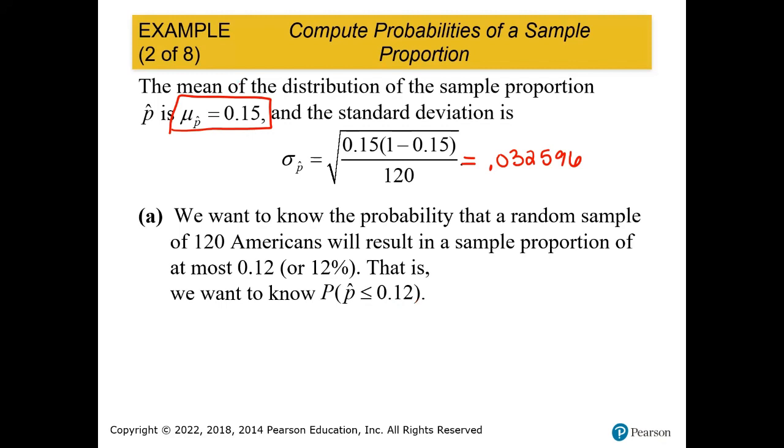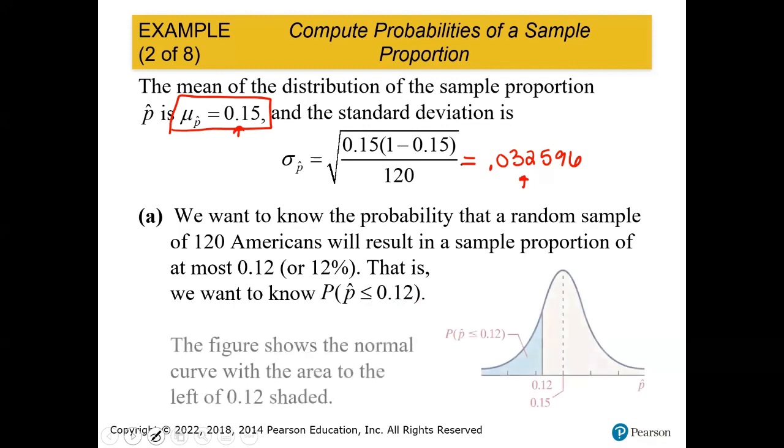And we are going to do that by using our mean here of 0.15 and our standard deviation of 0.032596. Okay, so just to give you, again, that visual here, 0.15 is the middle. We graph 0.12, and we want to be less than that. So our goal is to use StatCrunch then to help us get that result.